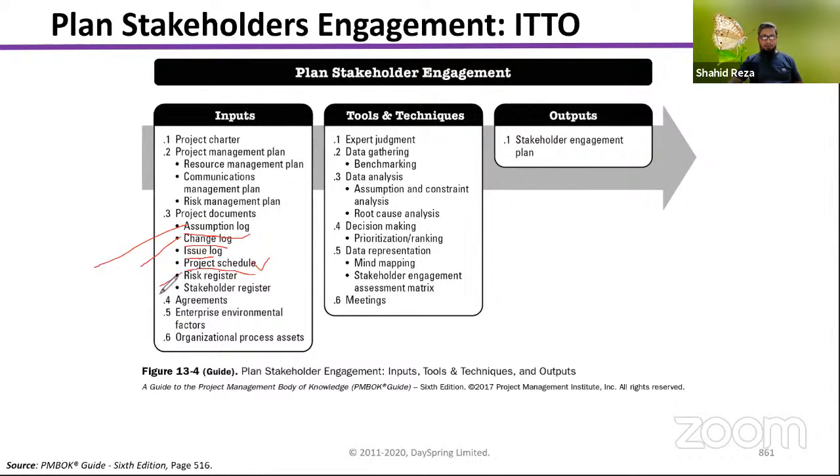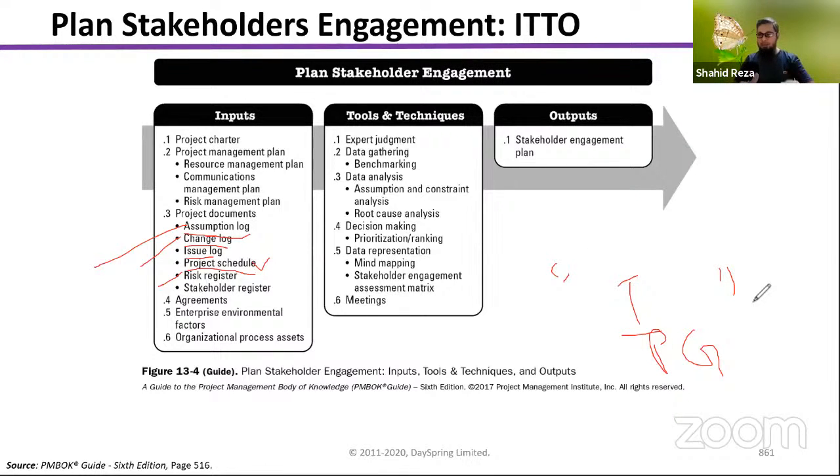Risk register. So that is actually talking about risks. If there is any risk, most of the organizations try to involve a third party. For example, project insurance or performance guarantee. All these things are one kind of risk management, right? So when you are doing this, we are actually involving a third party.